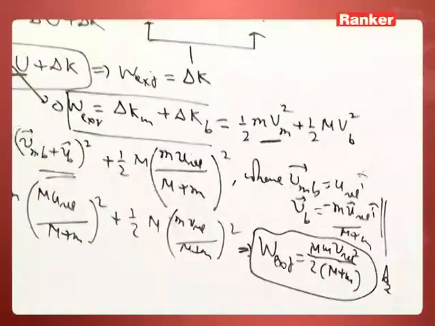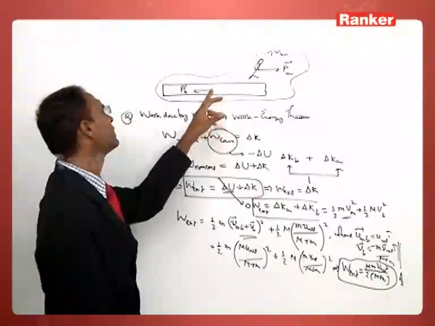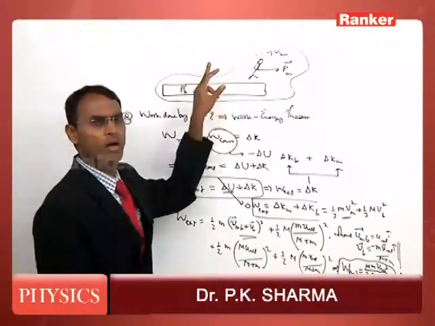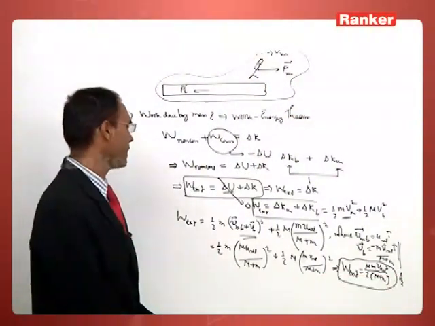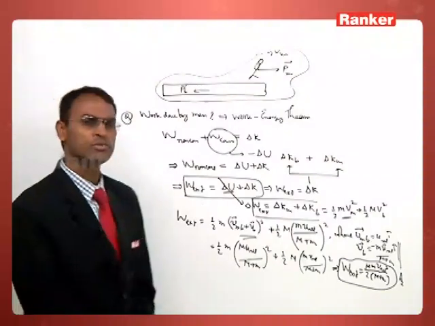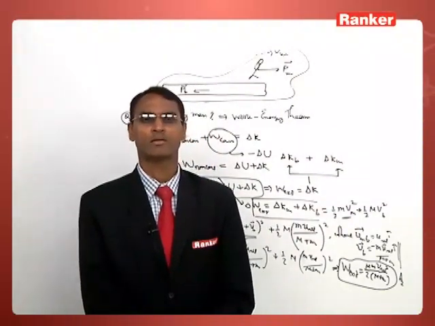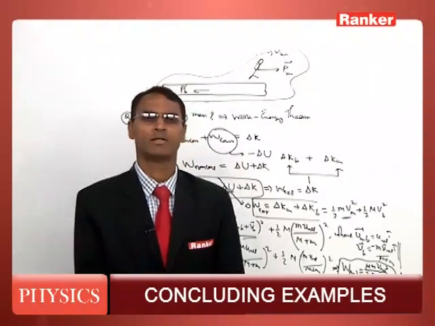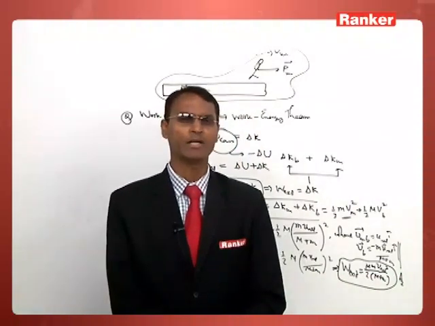While you are jumping, you are doing work in increasing the kinetic energy of the boat and the kinetic energy of your center of mass. So in this way, we applied the work energy theorem, the impulse momentum equation, conservation of mechanical energy, conservation of linear momentum.